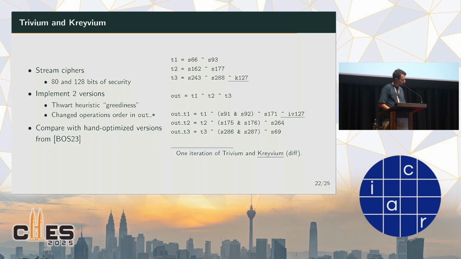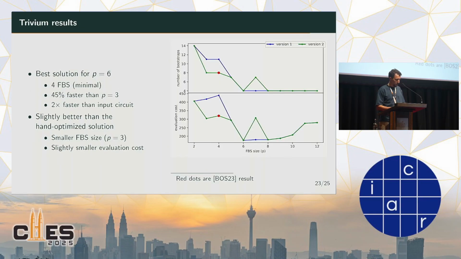Now we've tested the heuristic on the Trivium and Kreyvium stream ciphers, and we compare them to hand-optimized versions from Bon et al. 2023. On Trivium, the heuristic finds the same solution as the state of the art.